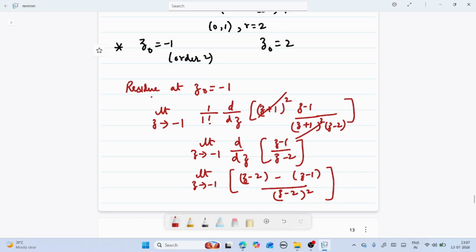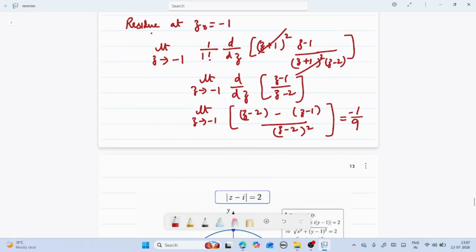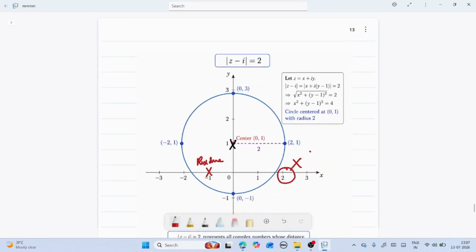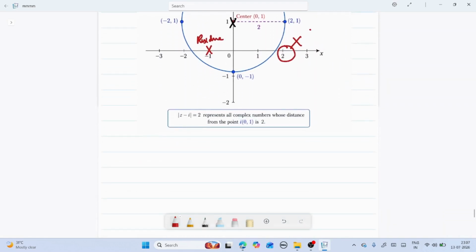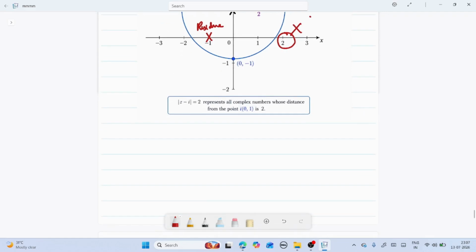Replace z with minus 1. Check. It is minus 1 by 9. So now, finally, how will the answer be? Since there is only one residue here, the final answer will be 2 pi i into the residue, which is minus 1 by 9.